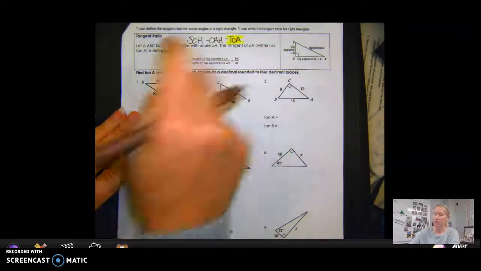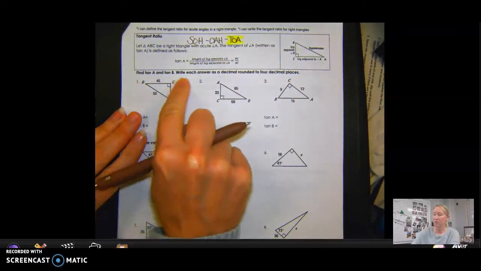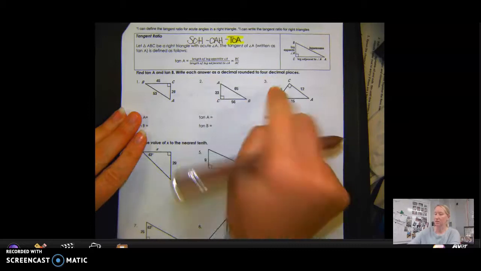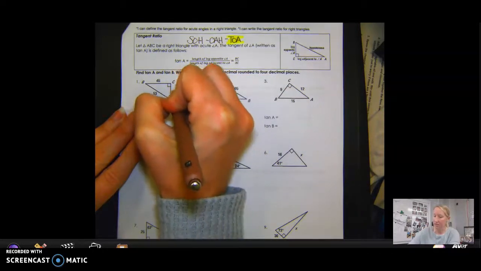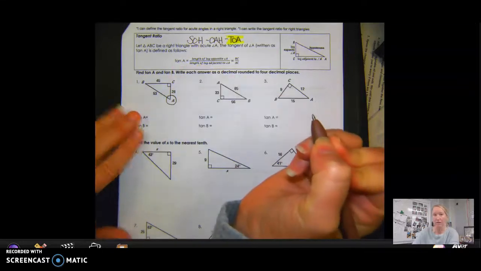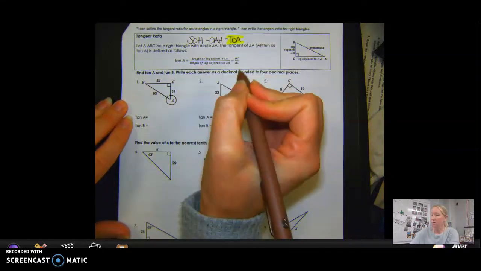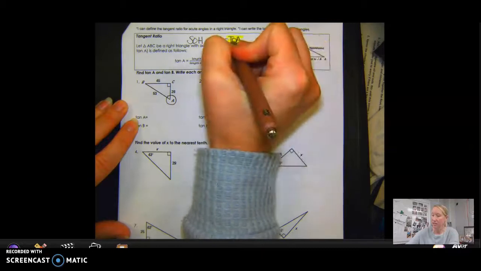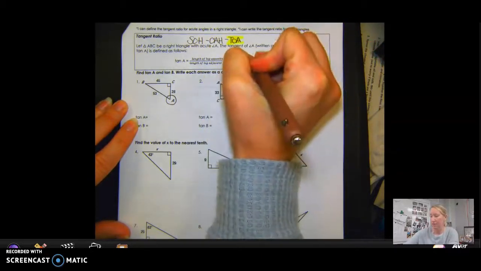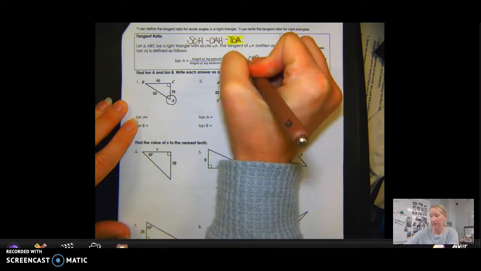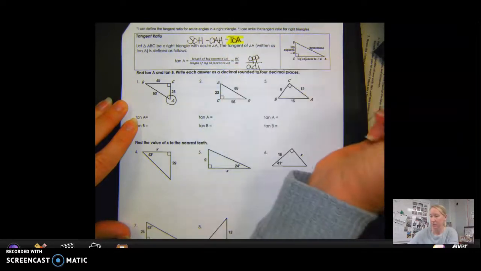First off. Okay. So find the tangent of A and tangent of B. Write each answer as a decimal rounded to four places. So we're going to find the tangent of A. So you're going to circle A. Okay. So now tangent is O over A. O stands for opposite over A, which is adjacent.